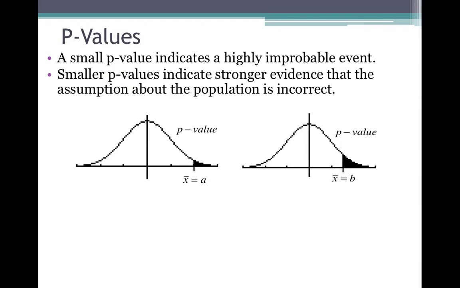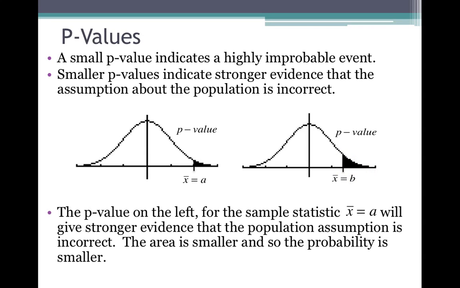If we look at these two scenarios, let's suppose an x bar of A gives a p-value that is represented by this piece of area, and an x bar of B gives a p-value that's represented by this piece of area. The p-value on the left for the sample statistic x bar equals A will give stronger evidence that the population assumption is incorrect.